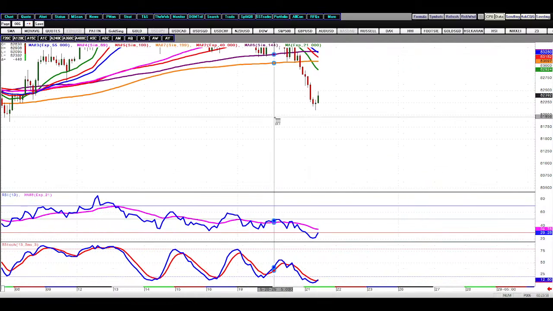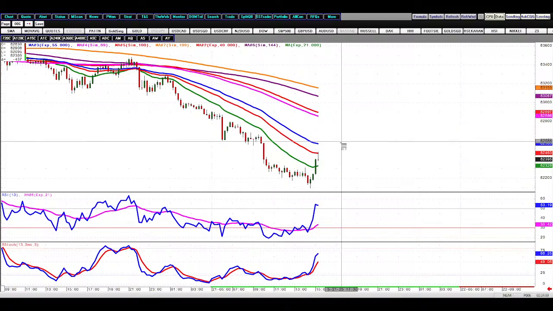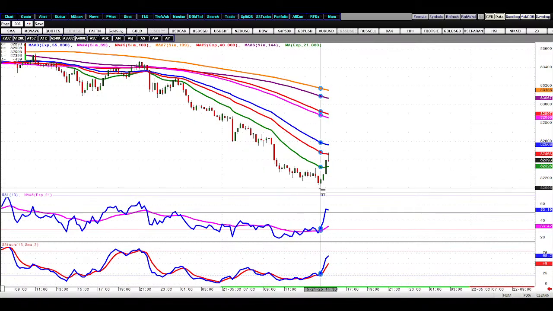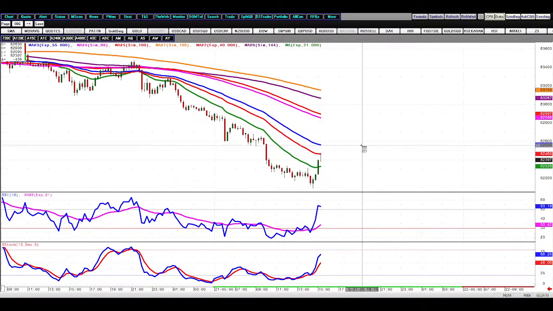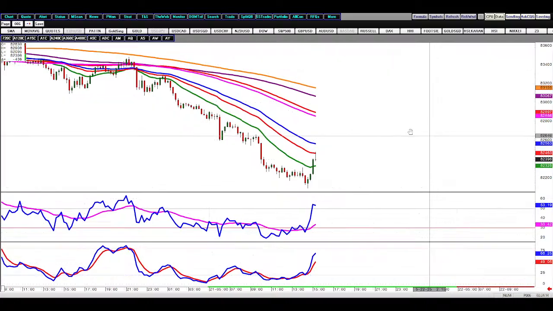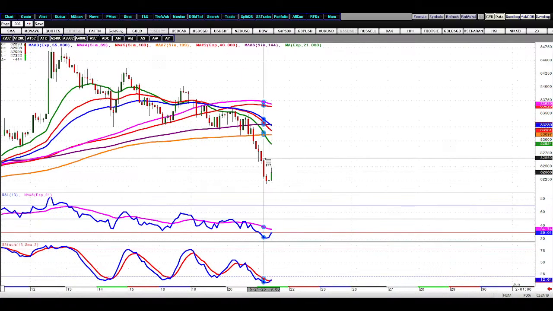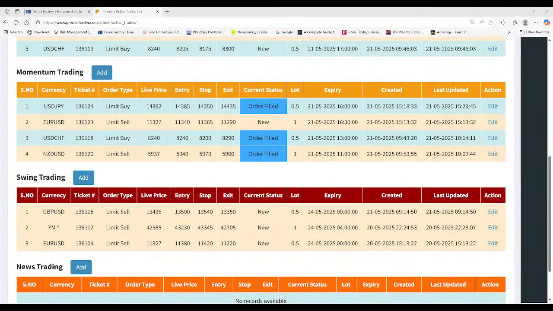Here I want to go for another add-on entry at 82.25, stop at 82, TP at 82.60 or 70. So let me give you this signal.